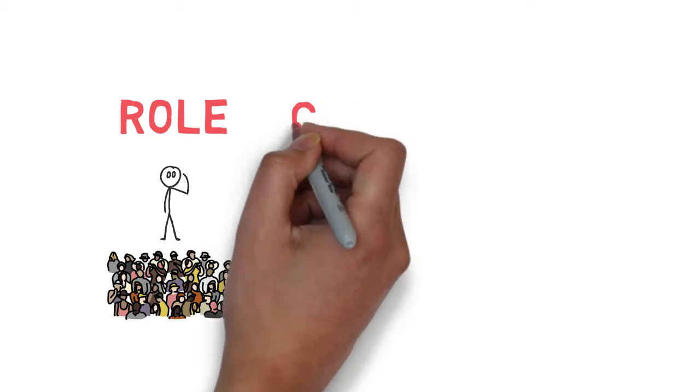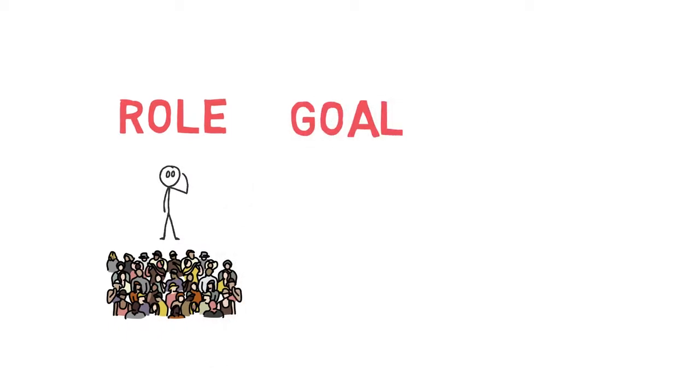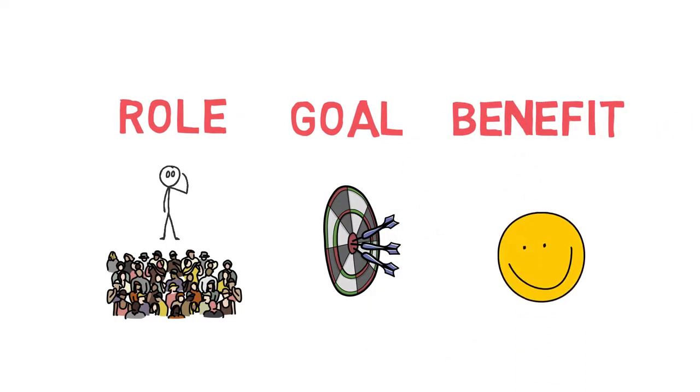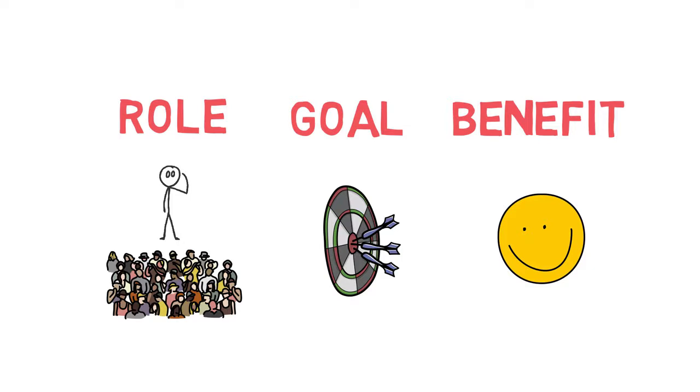Next, we have the goal, which answers the question, what does the user want to do within the system? The client, when it is time to renew their application, wants to receive an application that already contains the information they filled in last year. Finally, the benefit answers the question, why does the user want to implement their particular goal?